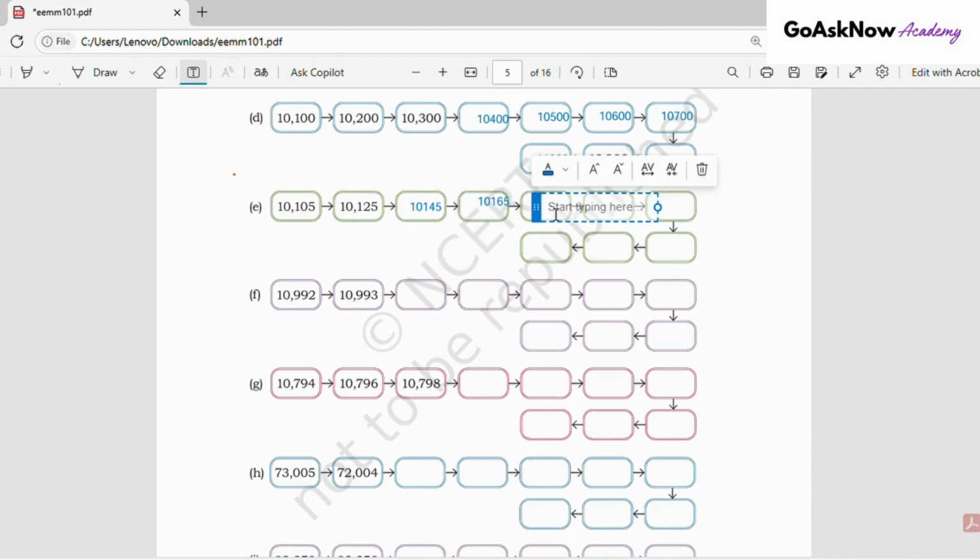Next, 10,165 plus 20 is equal to 10,185. Then 10,185 plus 20 is equal to 10,205.